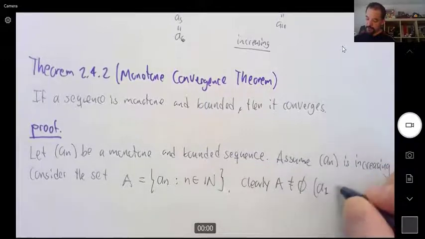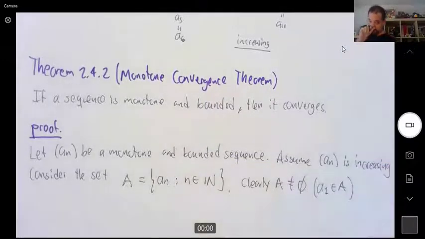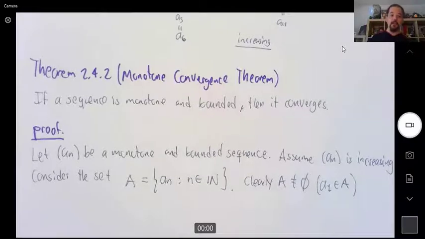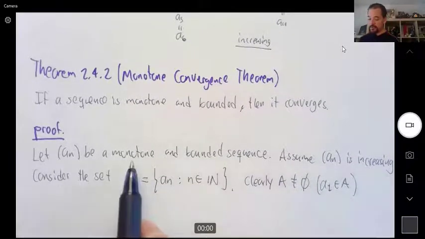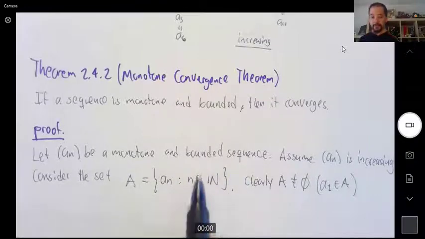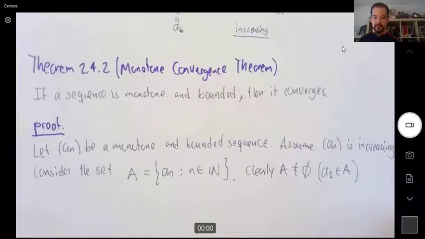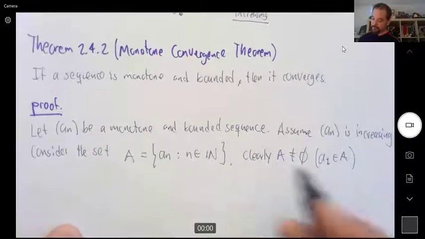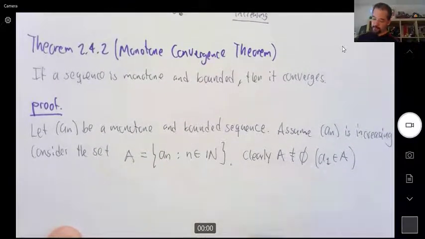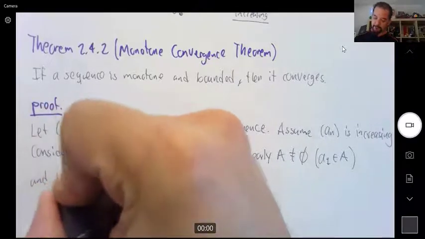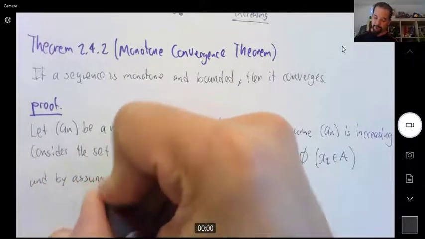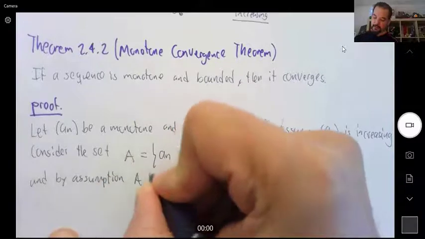For example, a_1 belongs to A, right? And it's also bounded, right? Why? Well, by definition, if the sequence is bounded, that means the set itself is bounded, because the set is the sequence, right? The set is the elements of the sequence. So clearly A is non-empty, and by assumption, A is bounded.